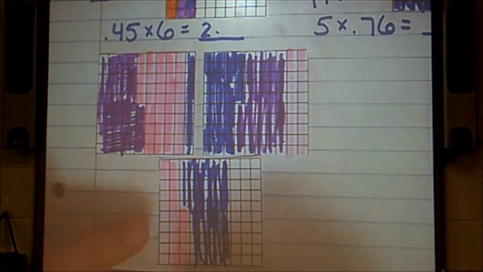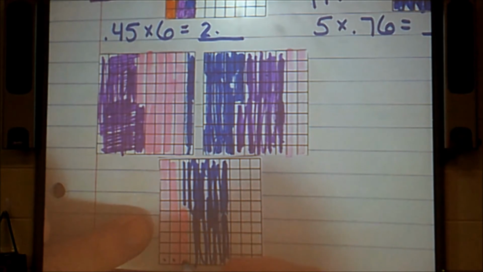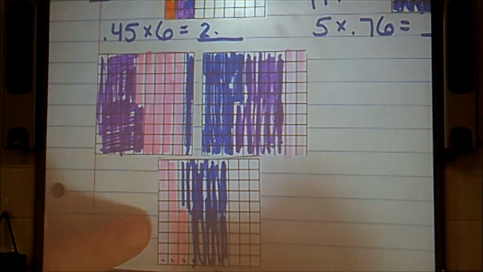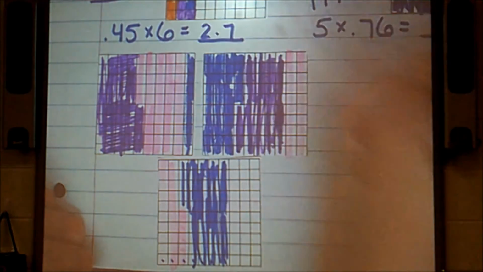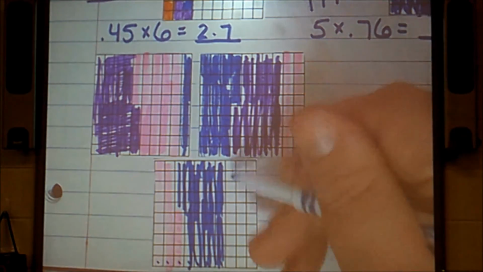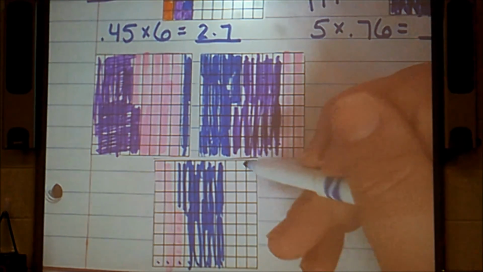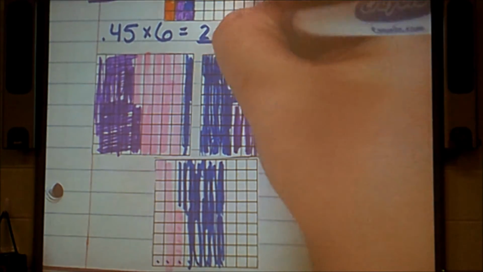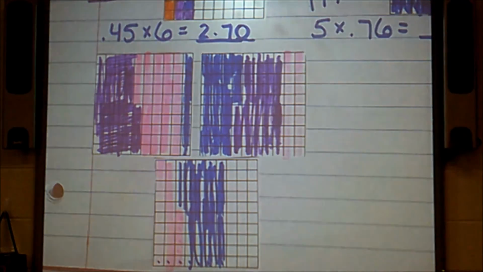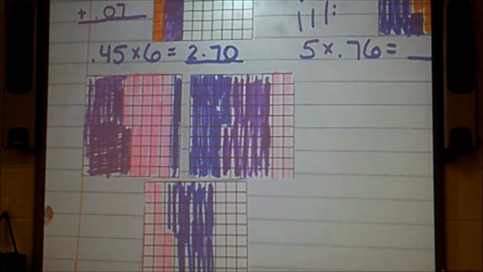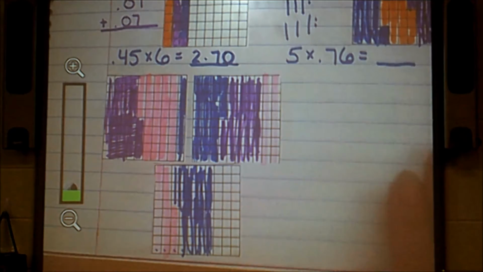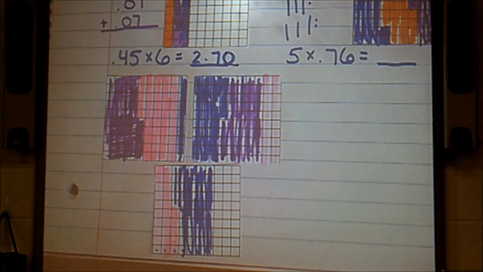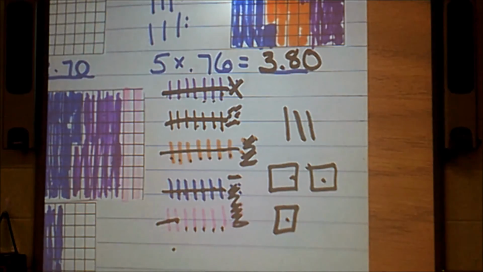And I'm going to count my tenths rows, 10, 20, 30, 40, 50, 60, 70, 7 in my tenths place. And I have no extra little hundredths out here, so I have a 0 in my hundredths place, or you could leave it blank. So my final answer, 45 hundredths times 6, is 2 and 7/10.